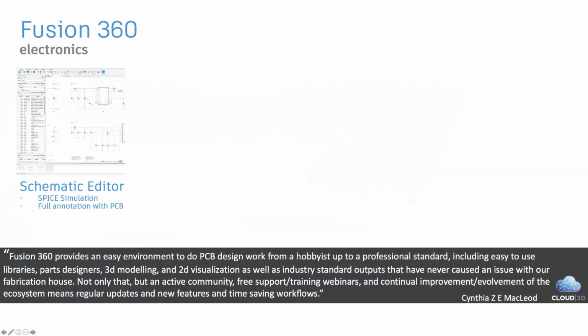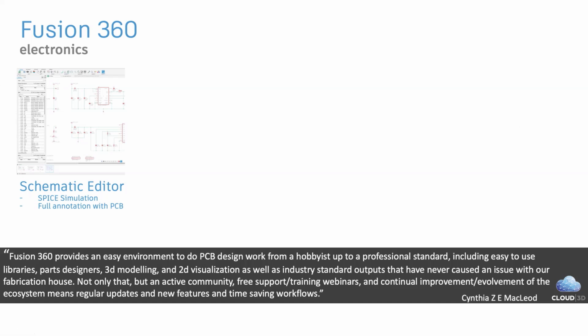It's able to support digital, analog, and mixed-signal capabilities as well. And the best part is that it has full PCB annotation. This means that changes done on the schematic will actually affect the PCB in real time.